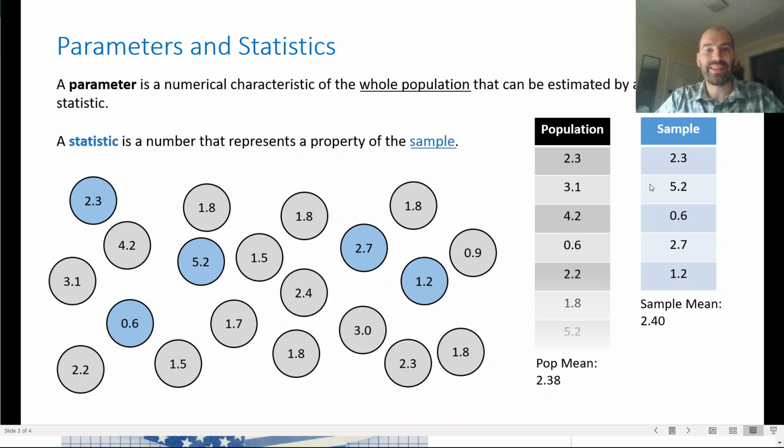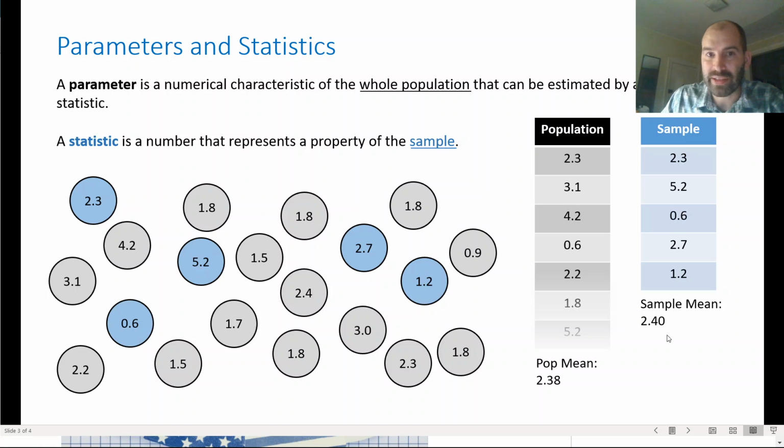What's a statistic? A statistic is a number that represents a property of the sample. Look what I've done here. Out of the population, in light blue, I've taken a sample of these 5 circles. Based on that sample, I can compute a mean, an average, and I get 2.4.